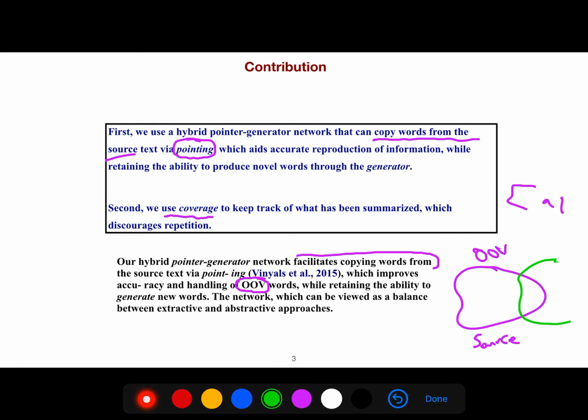So some words have an intersection: they can be found in the source, and also in the vocabulary, so we can generate them. If it is in the source, you can copy it. If it is in the vocabulary, you can generate it.